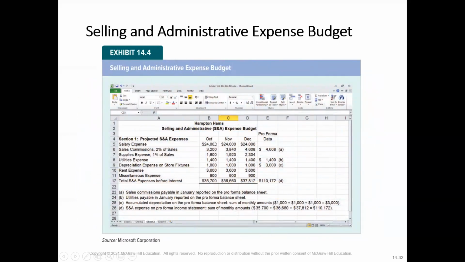So what we're given, we would have been given our salaries expense. And this is actually given in the top paragraph under the selling and administrative expense budget header on the middle of page 515. We were given some of these figures as being either fixed items, such as our $24,000 worth of salary expense is a fixed figure.